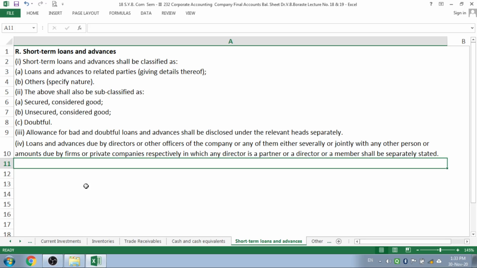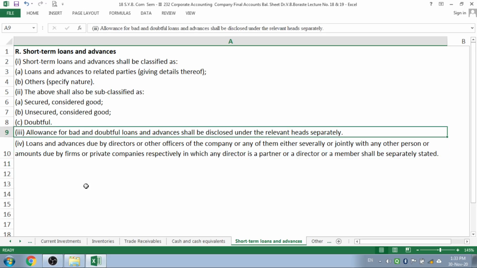Later on, we have to study the next part of the balance sheet, that is short-term loans and advances. Short-term loans and advances shall be classified as loans and advances to related parties and others, specified above, and shall also be subclassified as secured, considered good, unsecured, considered good and doubtful. Allowances for bad and doubtful loans and advances shall be disclosed under the relevant heads.